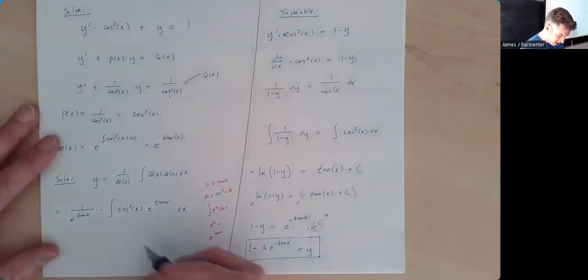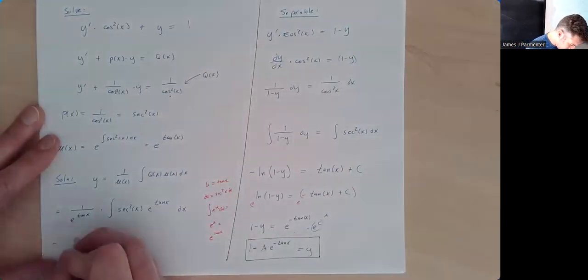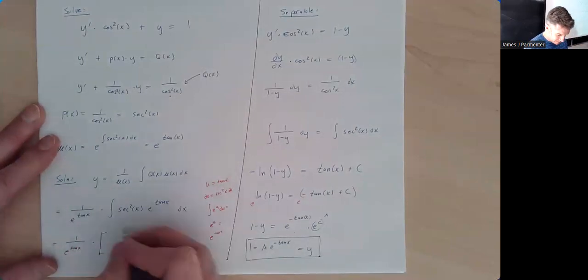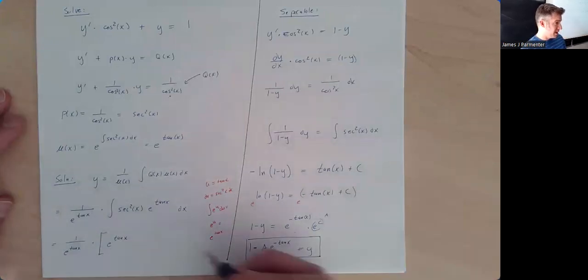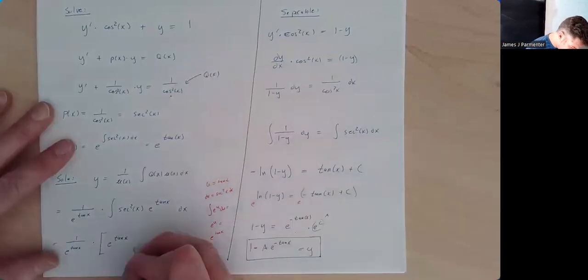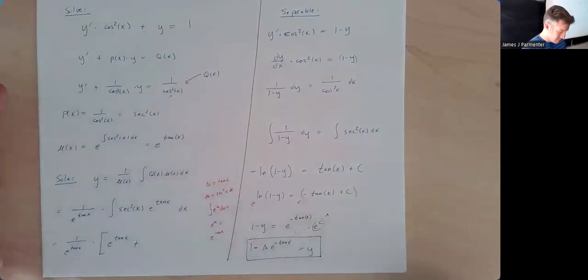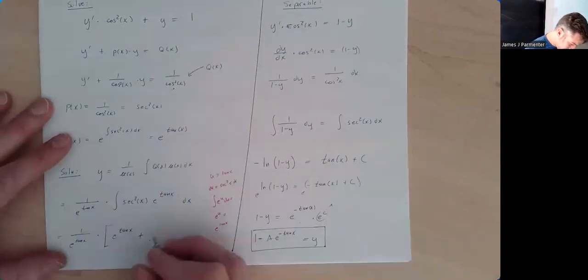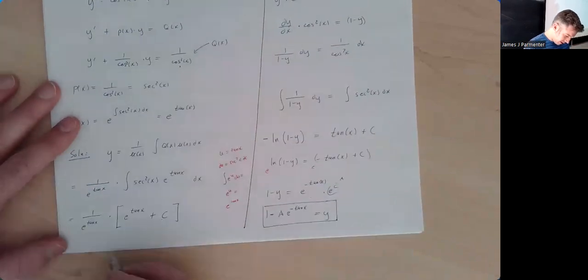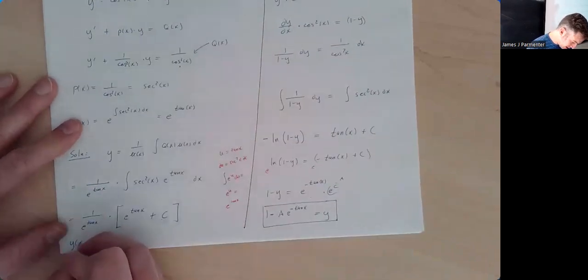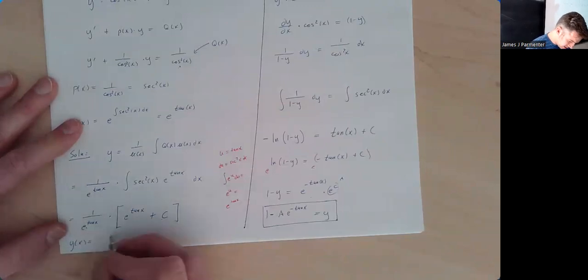So this whole thing right here is really just equal to 1 over e to the tangent of x times the antiderivative of this, which is e to the tangent of x. Now, if we forgot the plus c, it would be a really boring answer, because 1 over e to the tangent of x times e to the tangent of x is just 1. When you throw in the plus c, then we're going to get that our answer, y of x, is 1 over e to the tangent times e to the tangent is 1.